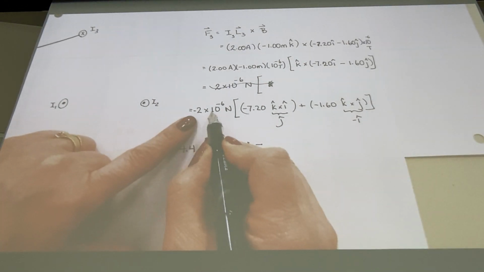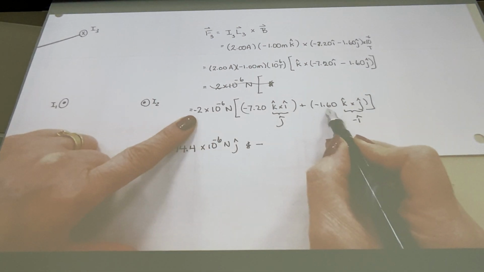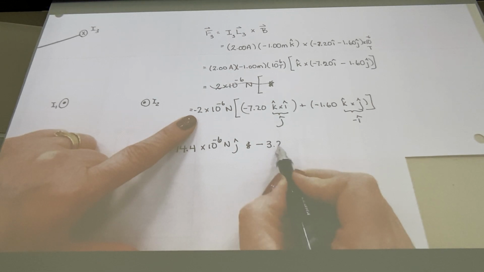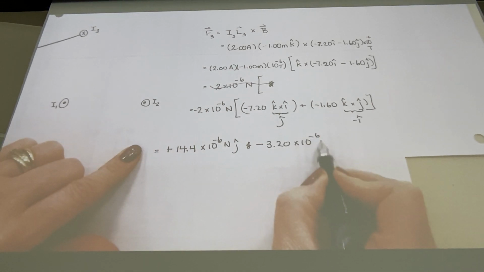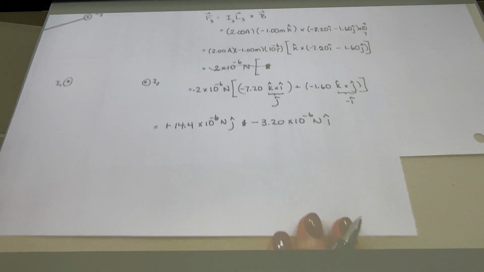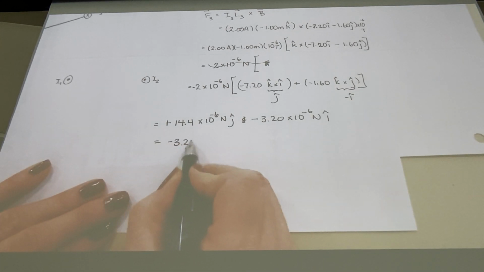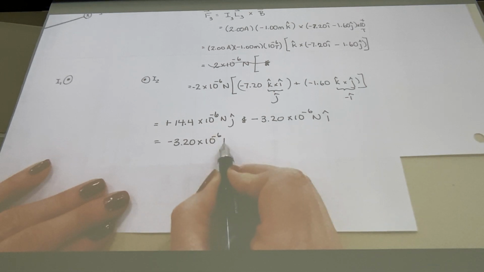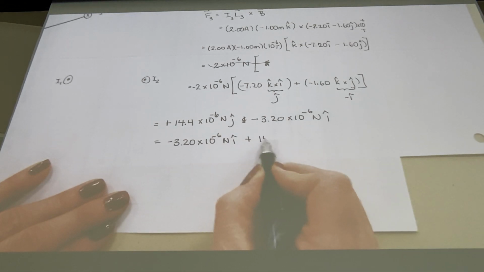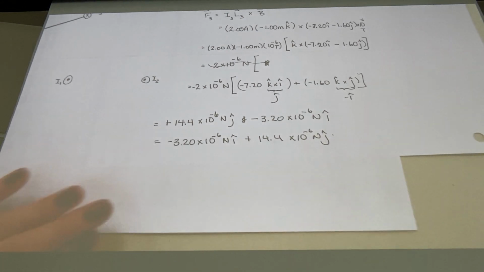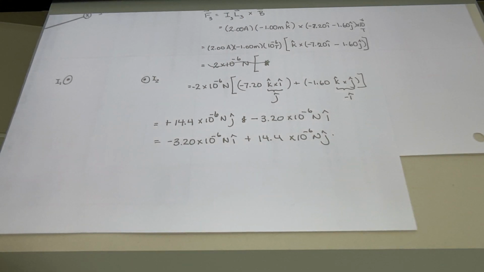So I've got minus 2 times 10 to the minus 6 times minus 1.6 times minus I gives us minus 3.20 times 10 to the minus 6 newtons I hat. And then typically you just write it with the I first. So there is the net force.